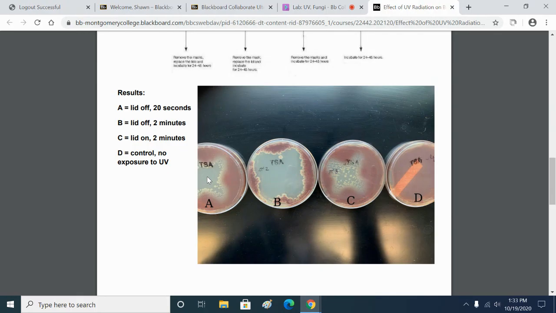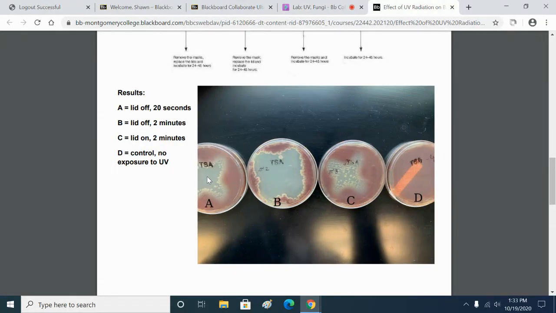So does that make sense? Yeah. So remember, UV does cause mutations, and too much UV will kill, but a little bit causes mutations. And we've just seen that here with our Serratia marcescens on the agar plate.